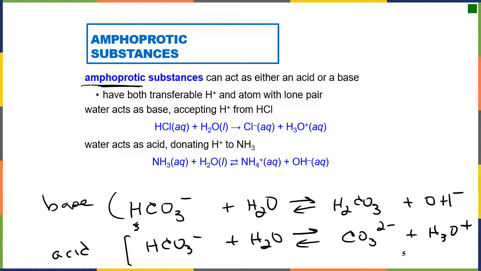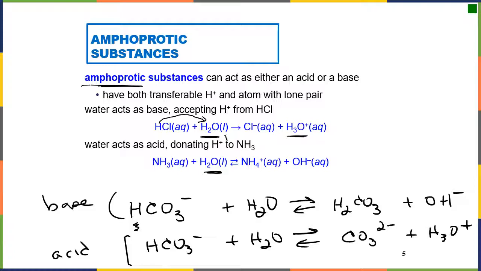Another example is water itself. If we take water and we put it with hydrochloric acid, the acid donates the proton to the water, making hydronium. And then we look at our acid-base definitions. Remember that in the Bronsted acid-base definitions, an acid is a proton donor and a base is a proton acceptor.